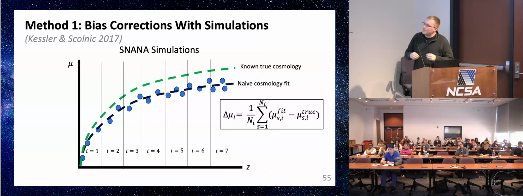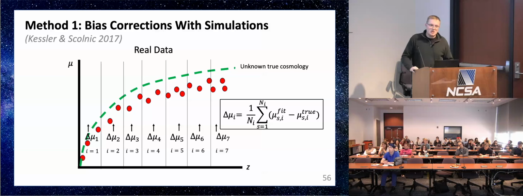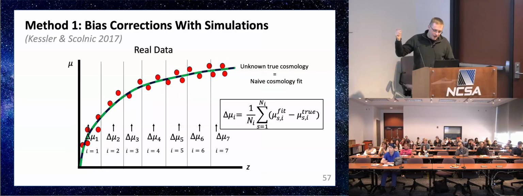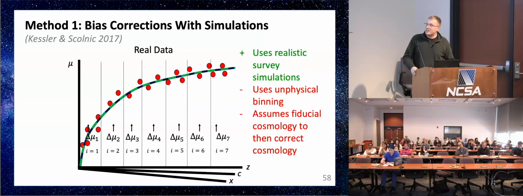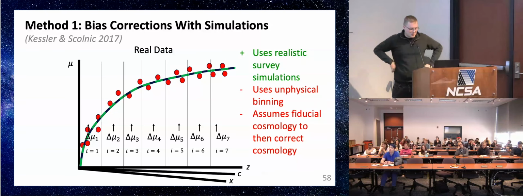And because it's a simulation, you have the truth, so you're able to work out how far off on average your distance is going to be from the truth. And then once you have that average in each bin, you switch over to the real data on the Hubble diagram and push it up by that amount, and then you can refit your cosmology, and it should hopefully be equal to the true cosmology.